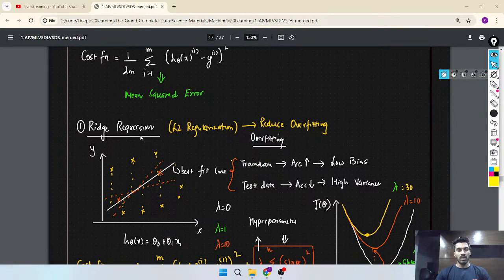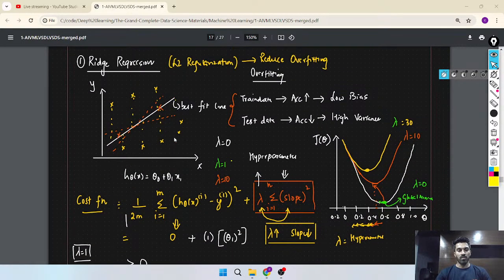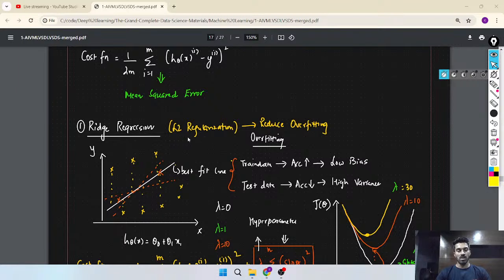Basically, ridge regression comes into the picture when the data has an overfitting condition. Suppose you have created a linear regression line and your model is overfitted.